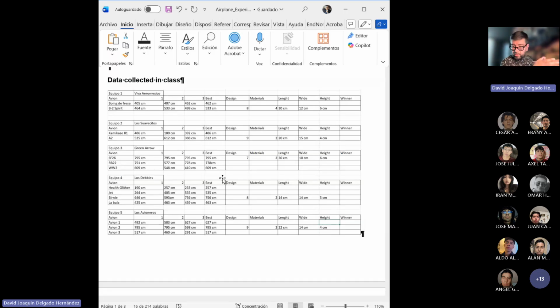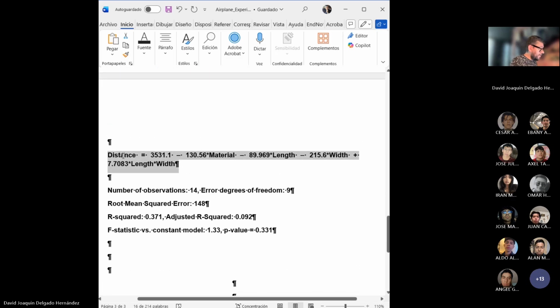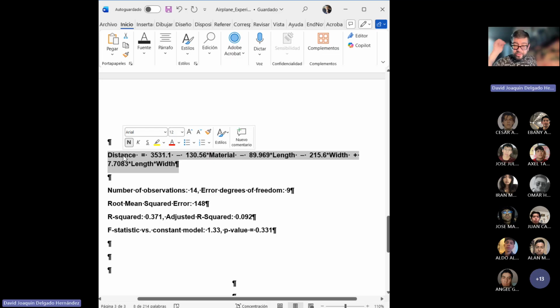This is our goal, to create models that predict. And in artificial intelligence, imagine that this is my model. I can predict. One user can say to me, "Oh, I want to know what is the longest distance that my airplane can fly if it is made with bond paper, it has a length of 30 centimeters and a width of 12 centimeters."